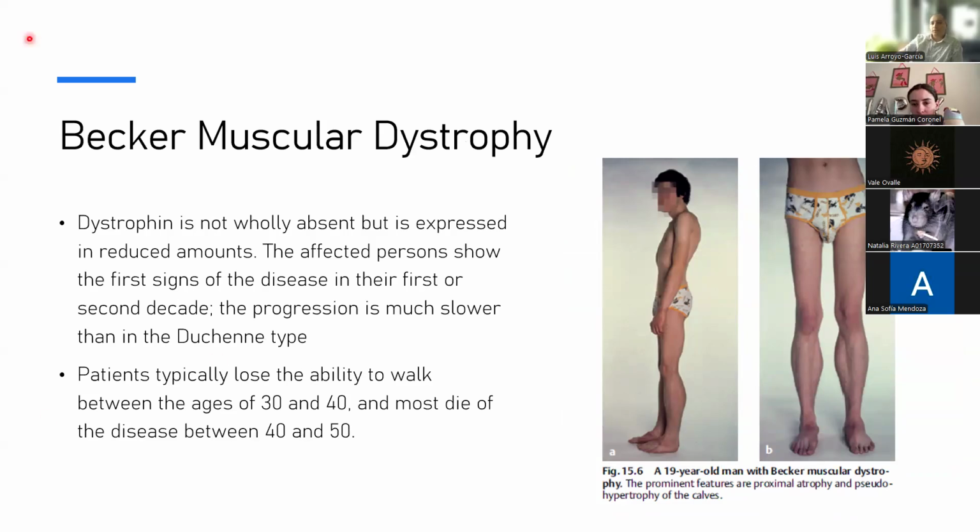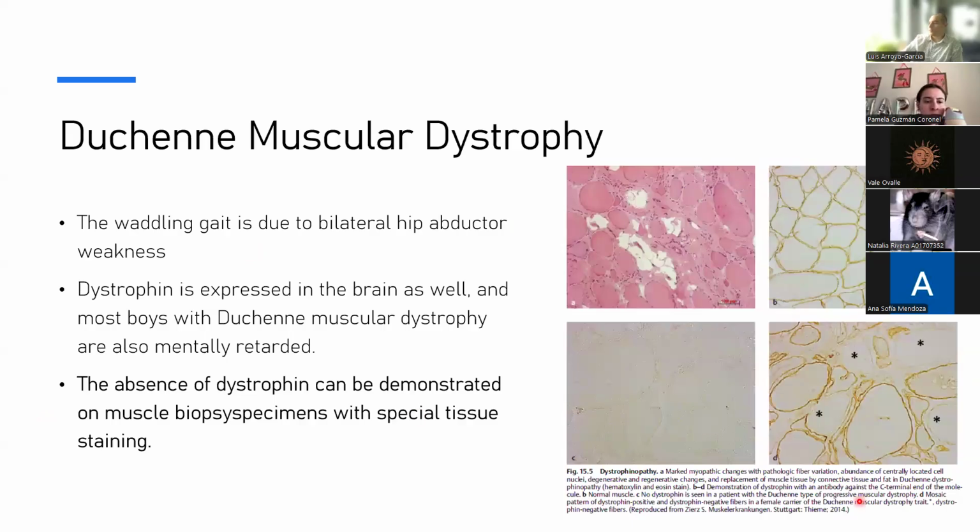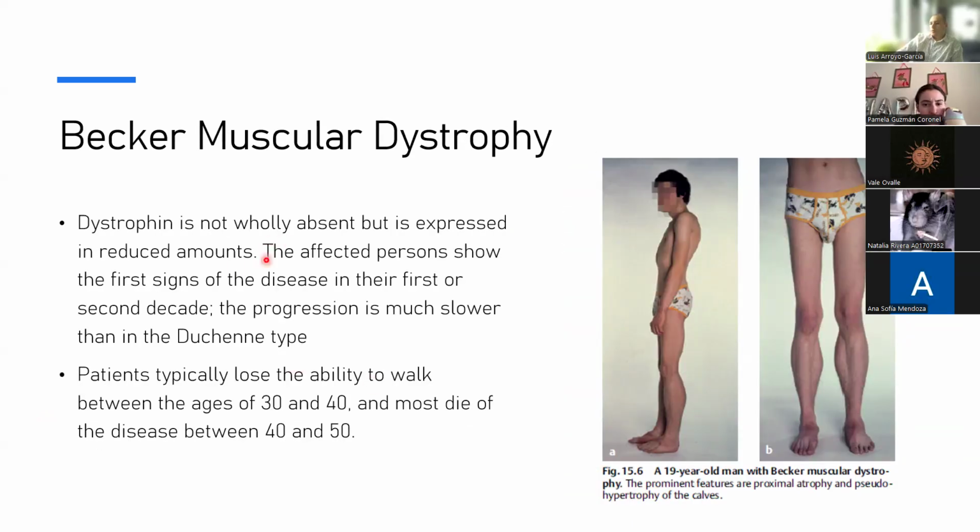And here what is important that you put on your table is that dystrophin is not wholly absent, but is reduced. It's expressed in reduced amounts, kind of like this one for the female, right? These are affected in the first or second decade, and the progression is slower than Duchenne.